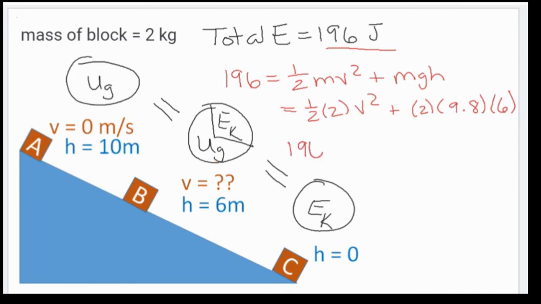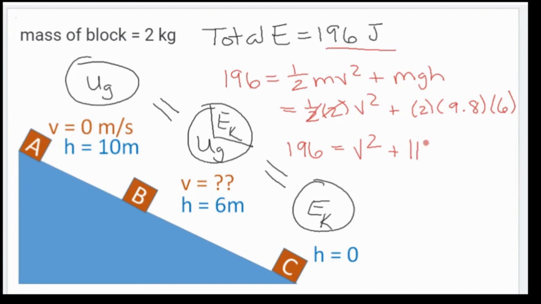Simplifying this equation, we have 196 equals v squared plus 117.6.